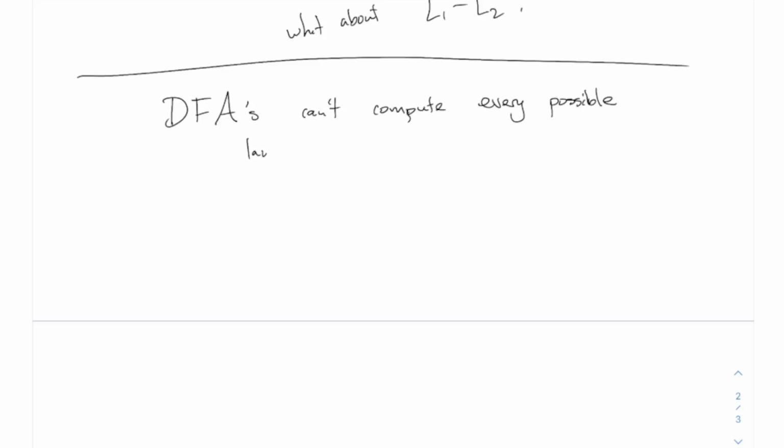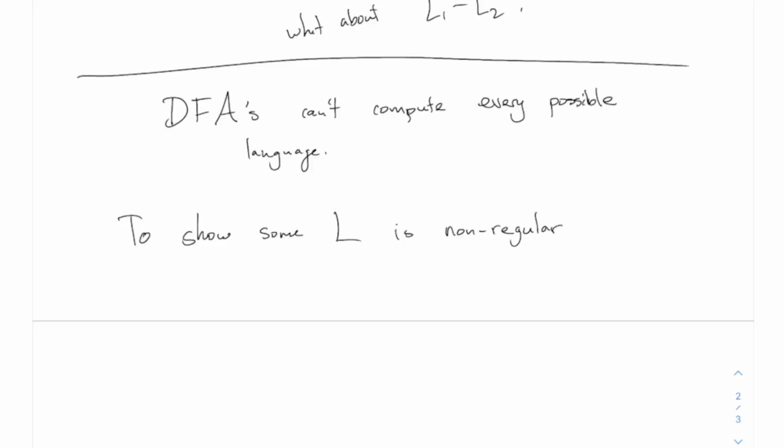And I wanted to talk about just one example. You will see that showing that a language is not regular is actually quite difficult. To show some language L is non-regular, that means it cannot possibly be the language of any DFA, no matter what the DFA looks like.